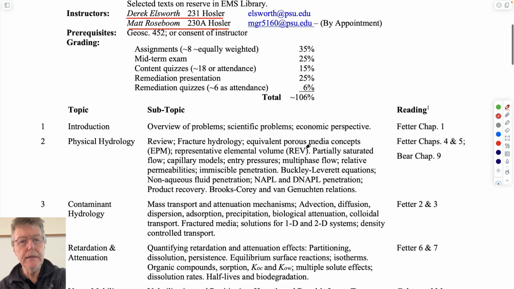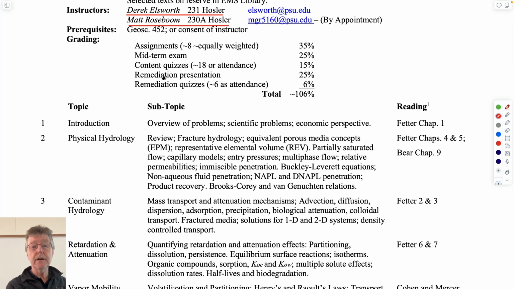In terms of the deliverables, we talked about the assignments 1 to 7, and 9, roughly equally weighted. I think one of the early ones is worth double. Maybe the third one in, or the second one in, is worth double the other ones. And those cumulative are worth 35% of the grade.